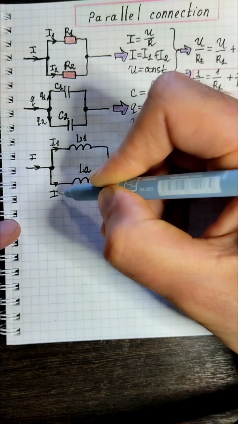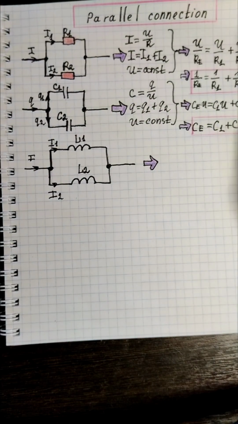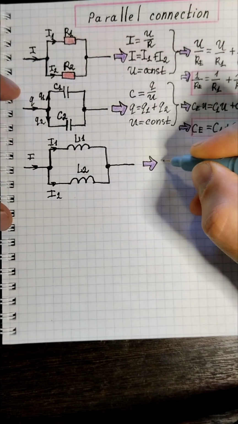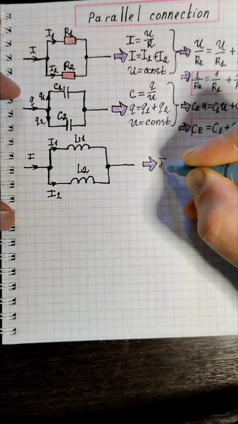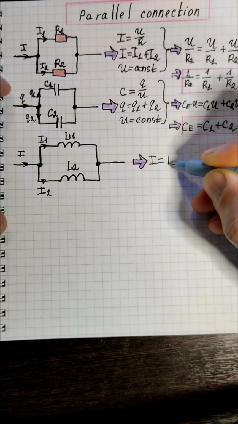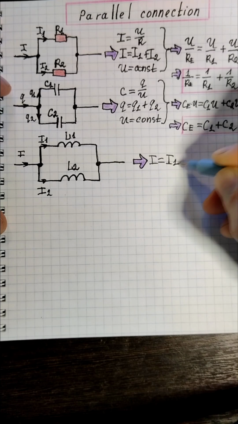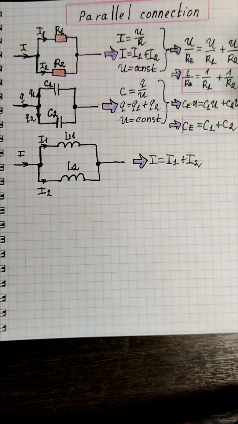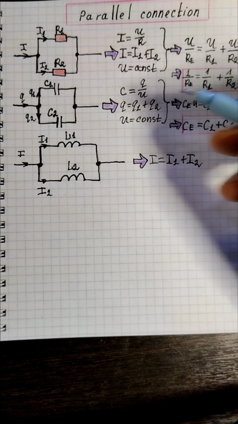This is a consequence of the law of conservation of electric charge. In the same way as in the previous cases, the voltage between the nodal points is the same.